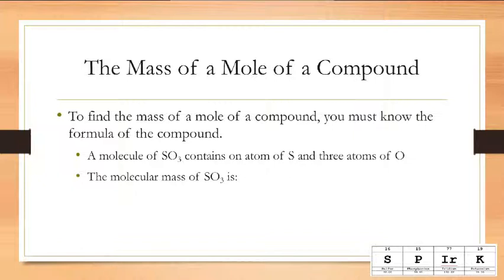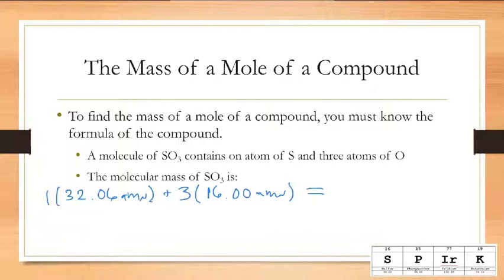So we can solve for the molar mass. So we have 1 mole of sulfur, and it weighs 32.06 AMU. And we add that to 3, because we have 3 moles of oxygen, times the atomic mass of oxygen.